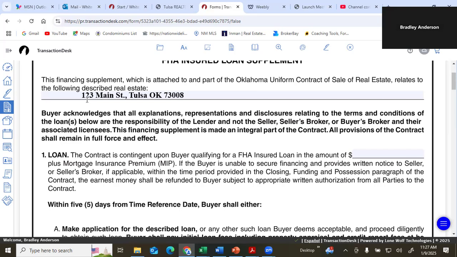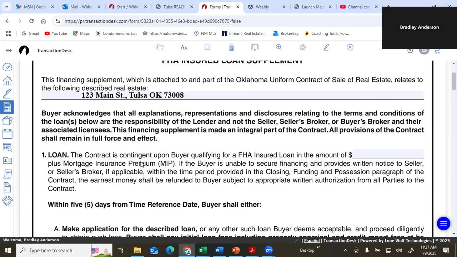So the ball is in their court and their associated licensees. This financing supplement is made an integral part of the contract. All provisions of the contract shall remain in full force and effect. So regardless of this addition, whatever else is in the sale contract still remains in effect.